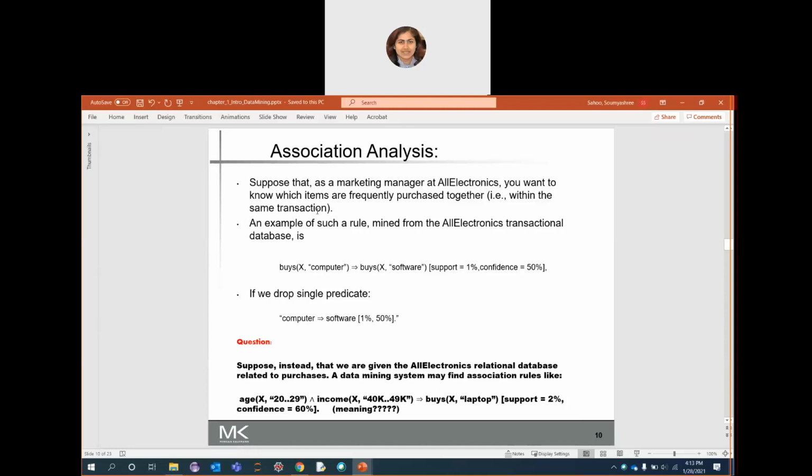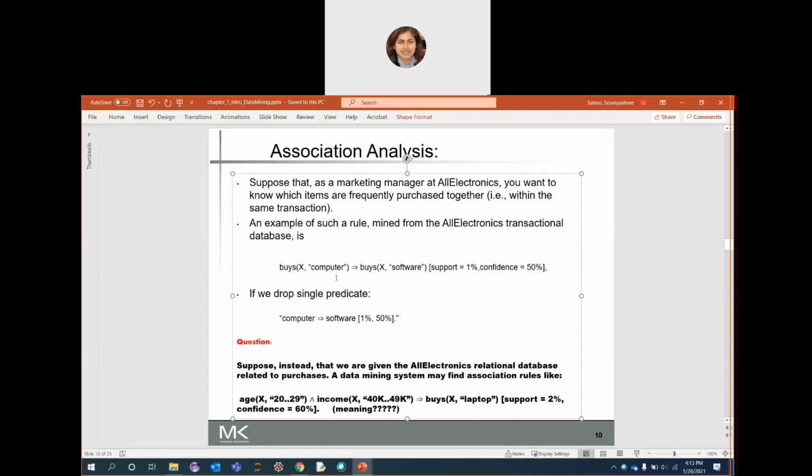Again, there are different forms of determining the association rules from the transactional data. Let's see one example here. Here you see this statement: buys X computer, tends to buy X software. This is an association rule, and these are support and confidence. These are the two measures based on which you determine which is a strong association rule. So what does it mean actually?